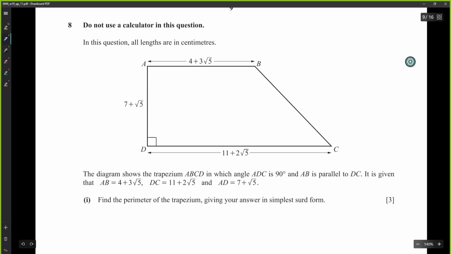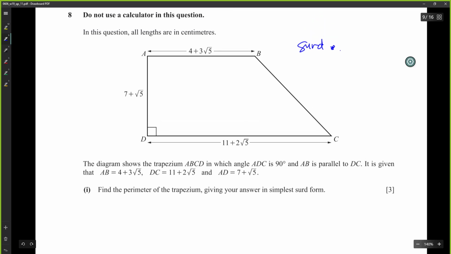Number 8 here. It's a surd topic. The diagram is a trapezium, and you have a 90-degree angle here and two parallel lines, and you have all the information. You can see all the information in the diagram already.